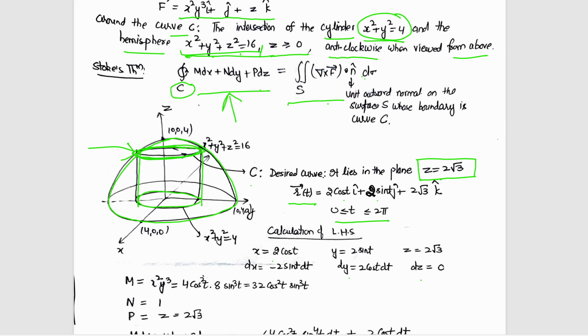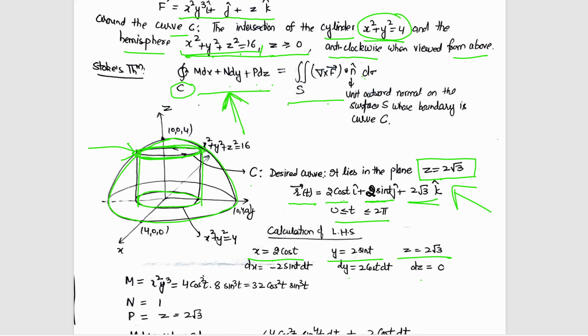So now that we have the parametric form of this curve C, we can find this integral. For that, first we find the variables x, y, z and the functions M and P in terms of the parametric form. From this equation, we find that x = 2 cos t, y = 2 sin t and z = 2√3.